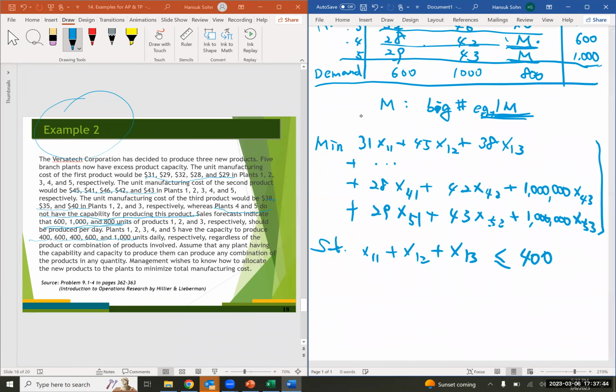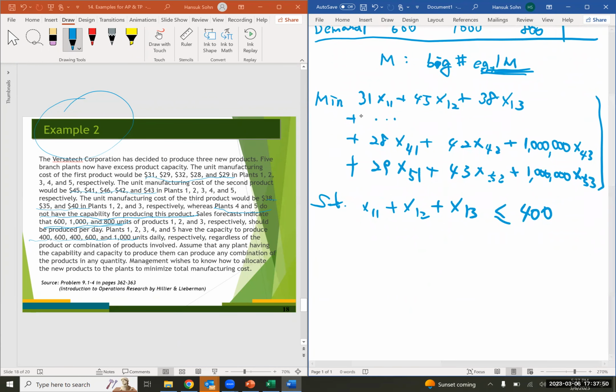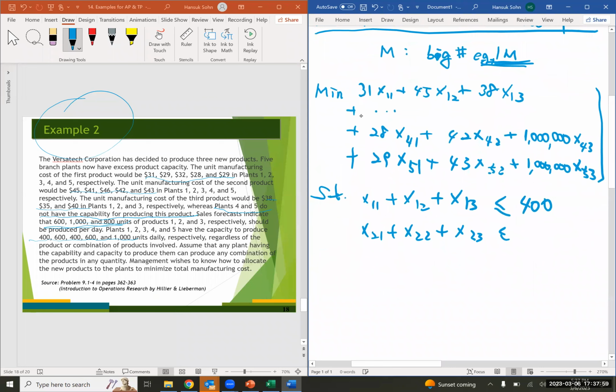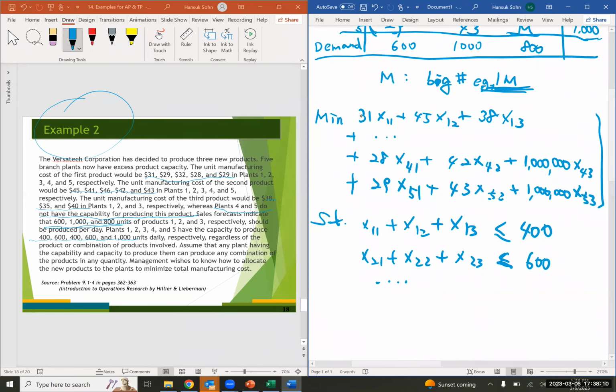And you're going to do the same thing 4 more times. If I do that one more time, x21 plus x22 plus x23 should be less than or equal to 600. Actually, you need 3 more constraints like that. Those are the supply constraints.